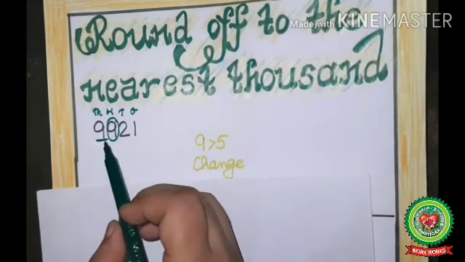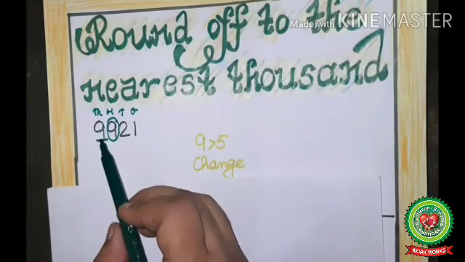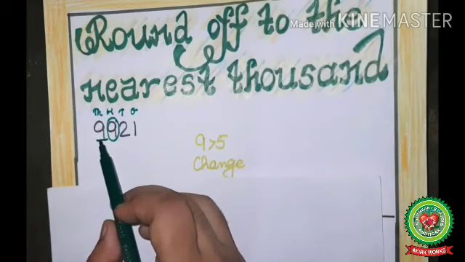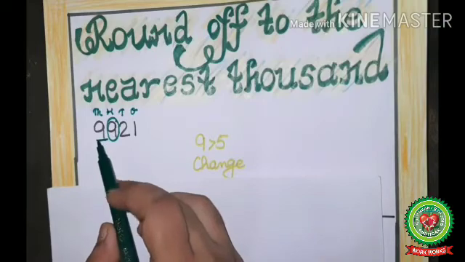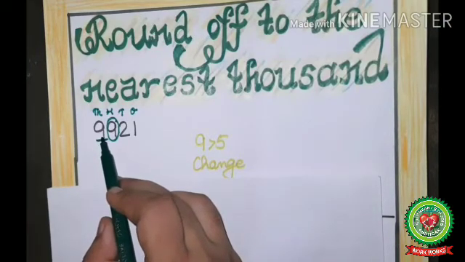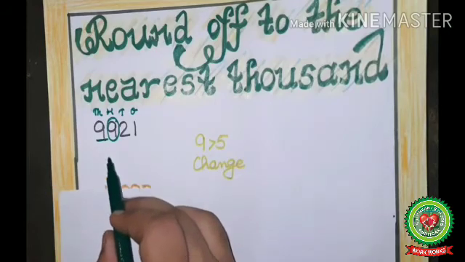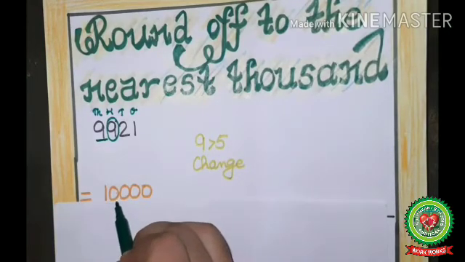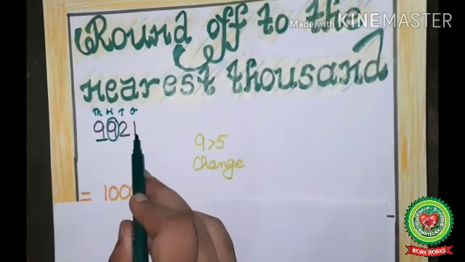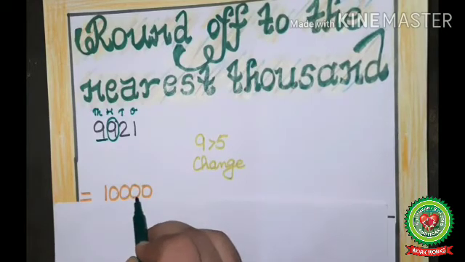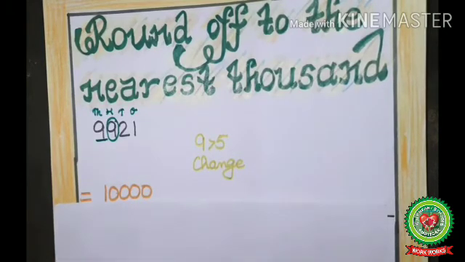Now change will be in the thousands place. That means we will add 1 in 9. After adding, 9 will become, yes, 10. 9 plus 1 is 10. And the next 3 digits will become 0, 0, 0.